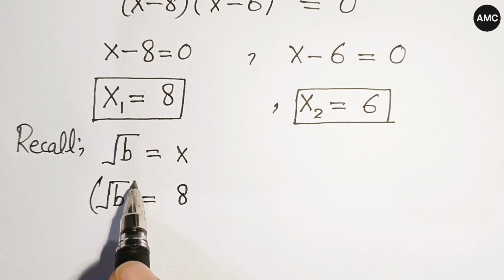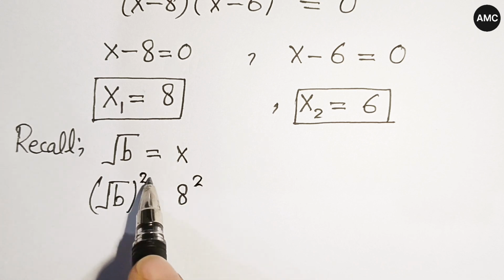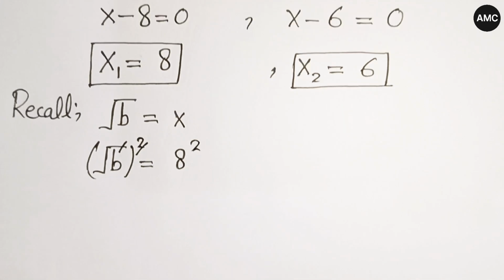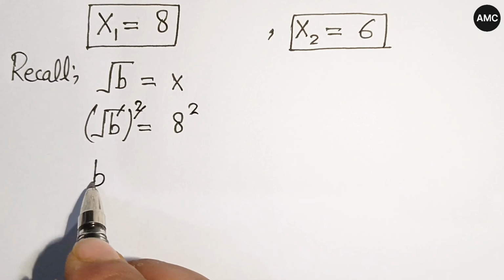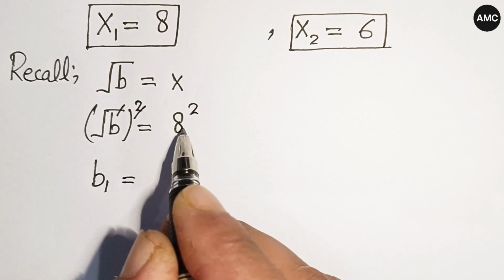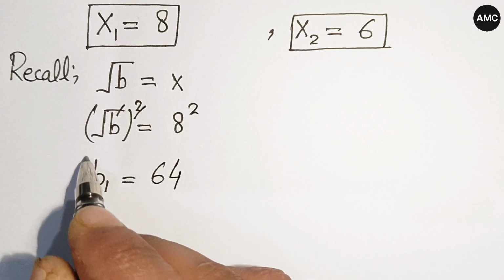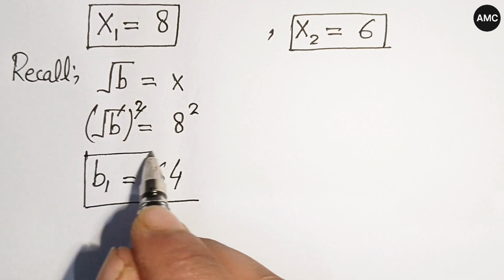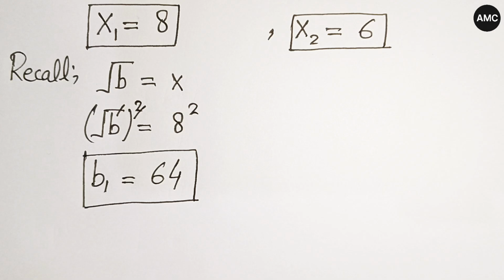Now if we take square on both hand sides, then this square is cancelled out with the square root. We have the value of b, which is b1, that is equal to 8 squared, which is 64. Now it is the original value of b.